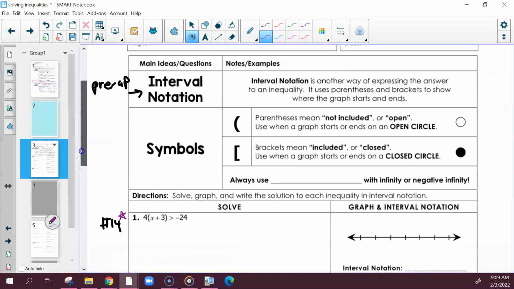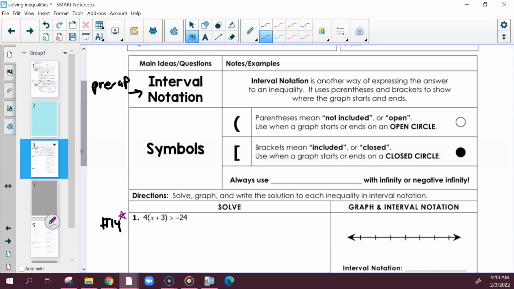On the next page. Now, in the past, we talked about set builder notation. That was like x is, or -3 is less than or equal to x, which is less than or equal to some number, or with the curly brackets, all of those things. Now we're going to be using interval notation.